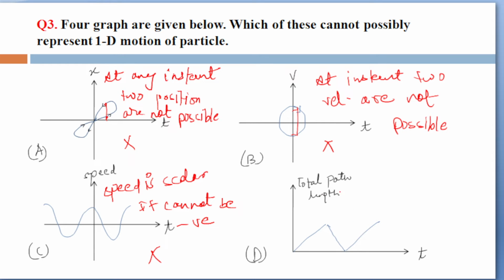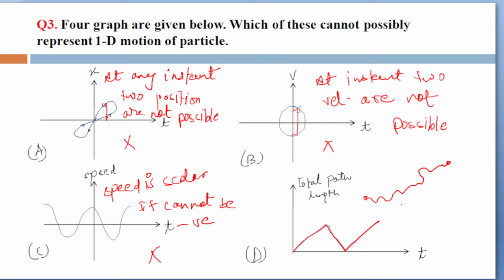The fourth option is total path length versus time. So if we see the graph, first the total path length increases, then decreases, then increases. The path length is if we start from here and go anywhere, so this is the total path length. So we can see the total path length always increases.